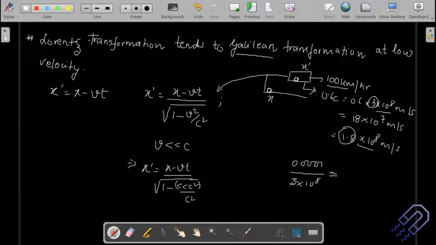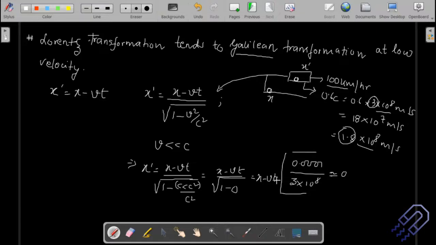This is going to be 0, because this is very close to 0. You're dividing it by a huge number, right? So that means this would be nothing but x minus vt divided by root over 1 minus 0. So that means this is just x minus vt.